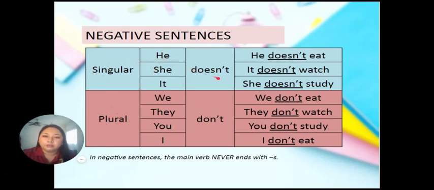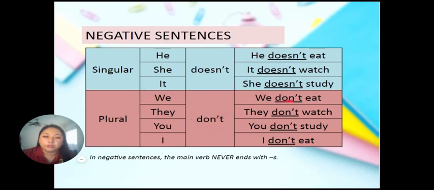So if it's singular, we use the word doesn't, or in full words, does not. Okay, so he doesn't eat. It doesn't watch. And she doesn't study. So this is singular. And plural, we only use don't.